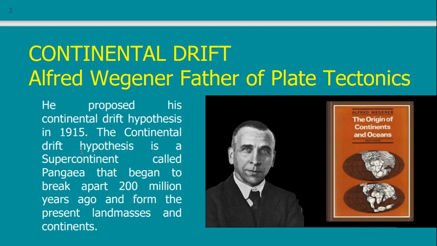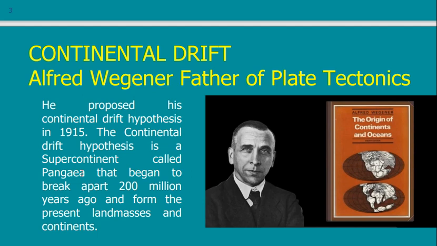The continental drift hypothesis is a supercontinent called Pangaea. He said that before having all of these continents, they were just one continent. All of the earth was combined together in one continent.